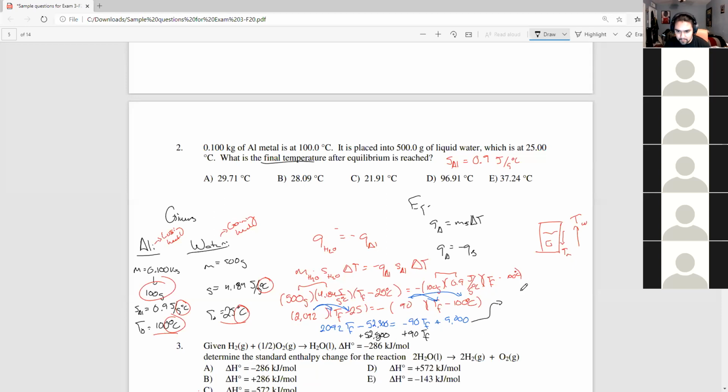So what's my new value for TF? I got 28.09 degrees Celsius. Oh, I haven't solved it yet, sorry. 2182 TF, and then what is the value once you add the 52,000 to the 9,000? So 61,300.